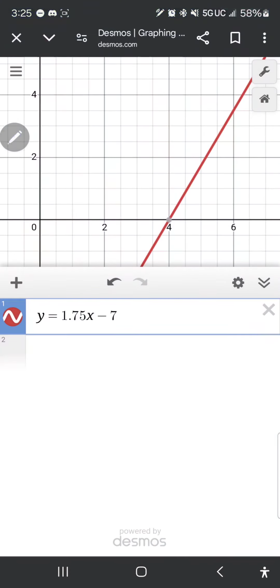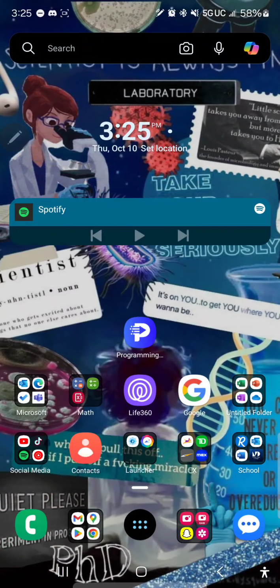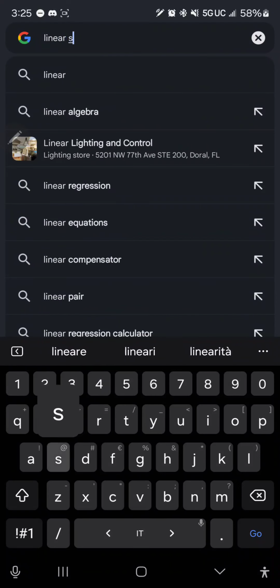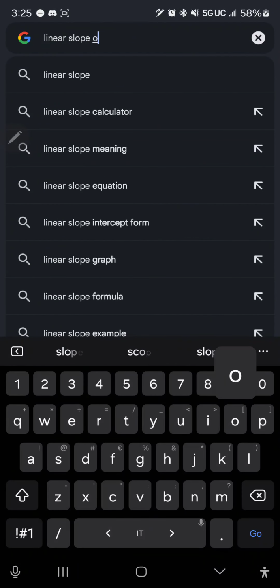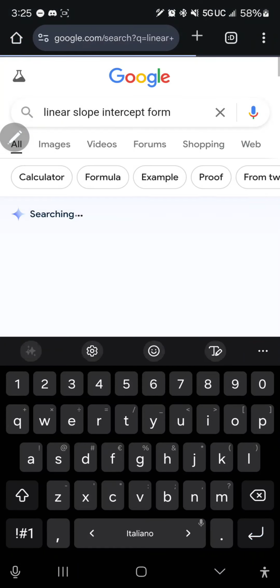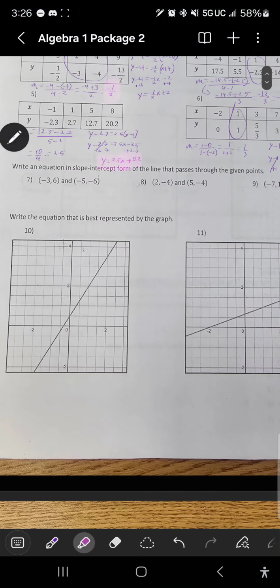Let me just make sure that's slope-intercept form. Yeah, it should be. Just to make sure I'm not doing anything wrong.